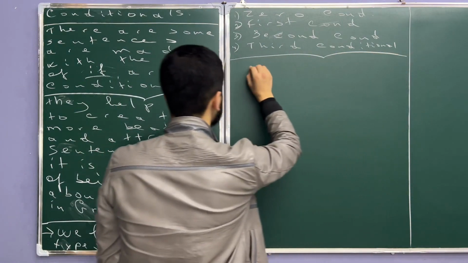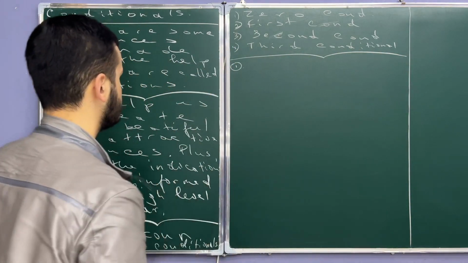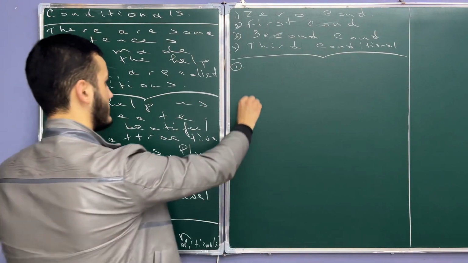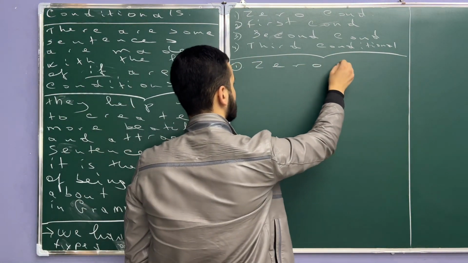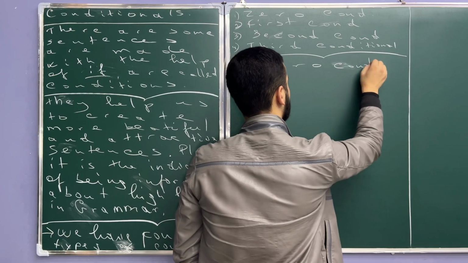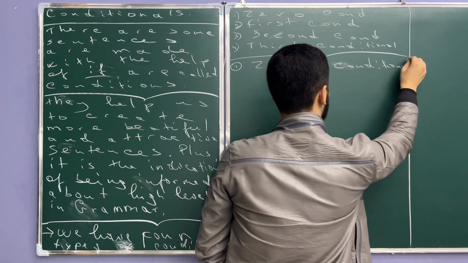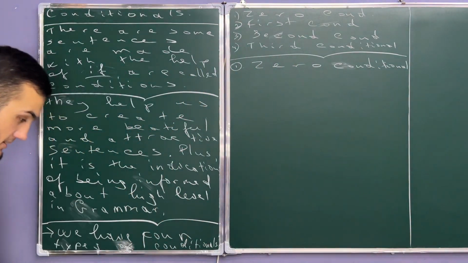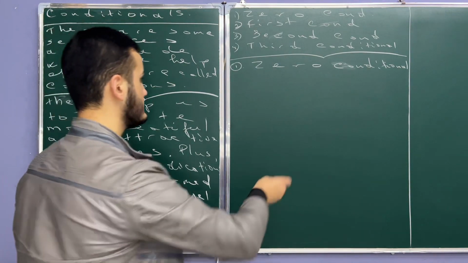My friends, number 1, zero conditional. This is the first type of conditional. When do we use this one?